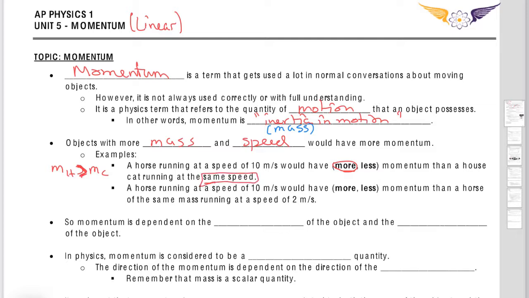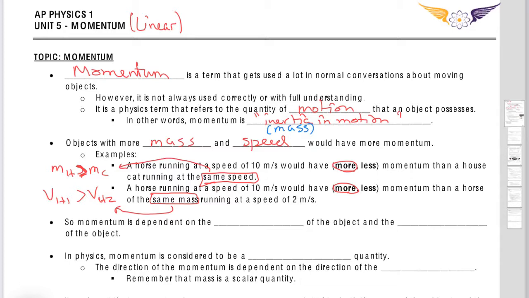In the next one, a horse running at 10 meters per second: does it have more or less momentum than a horse of the same mass running at 2 meters per second? It will have more momentum because the speed of horse 1 is greater than the speed of horse 2. Note that they both have the same mass.